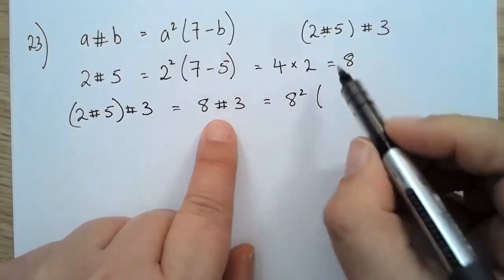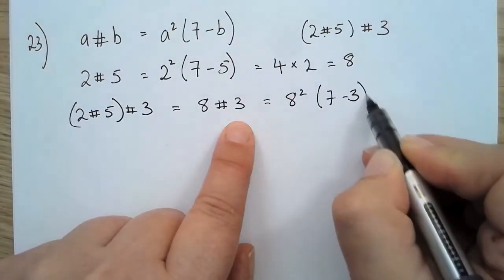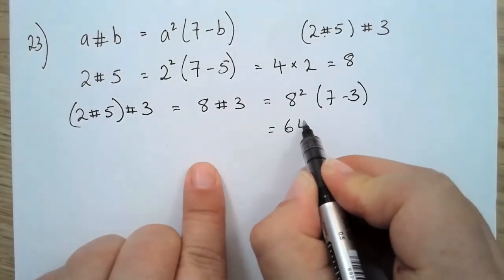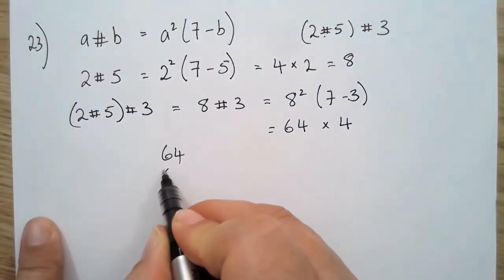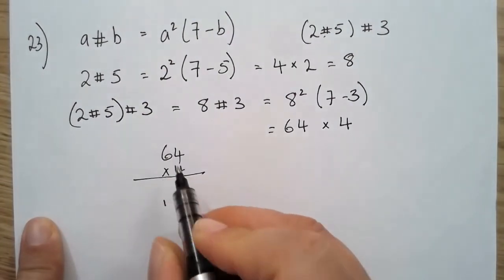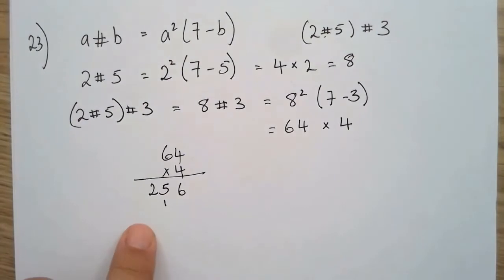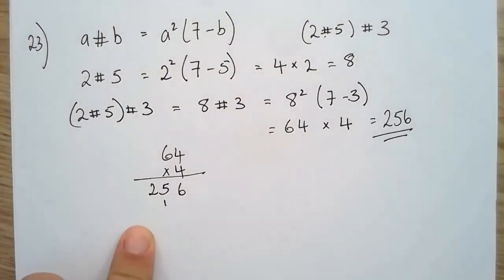We've then got 7 subtract b, which is 3. So therefore we're looking at 64 multiplied by 4. 256. And that is the answer to 23.